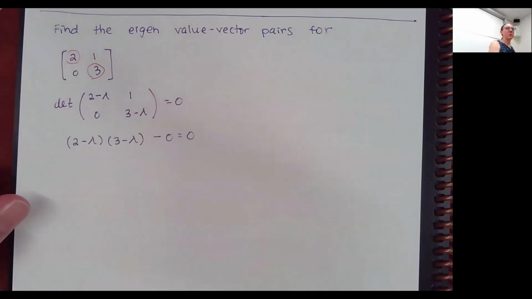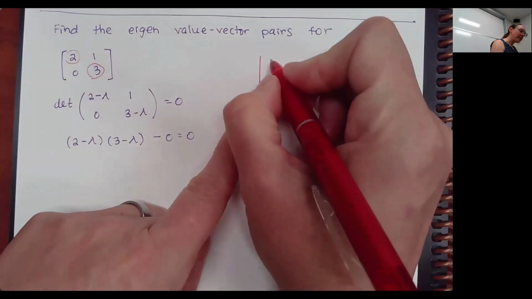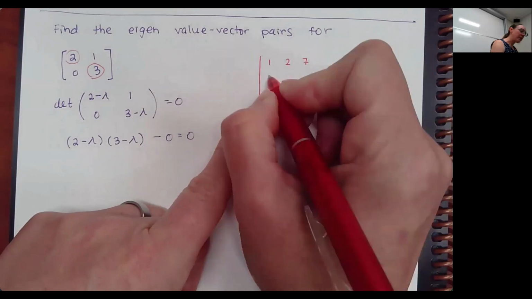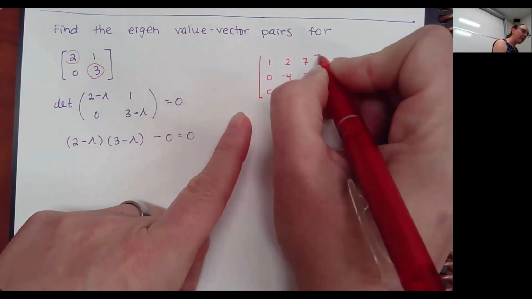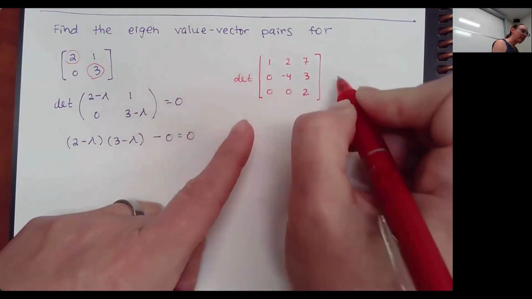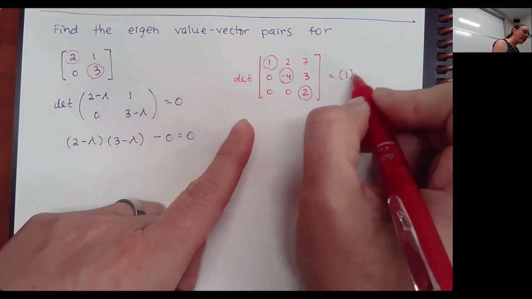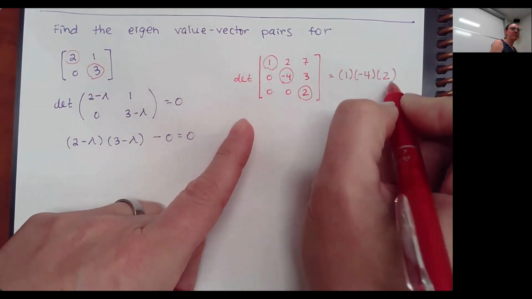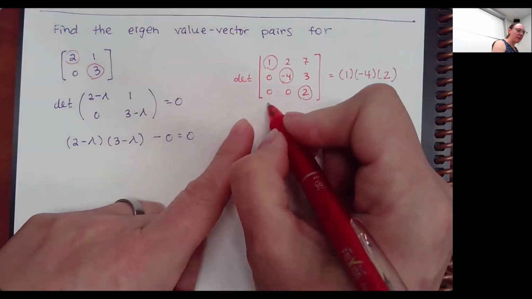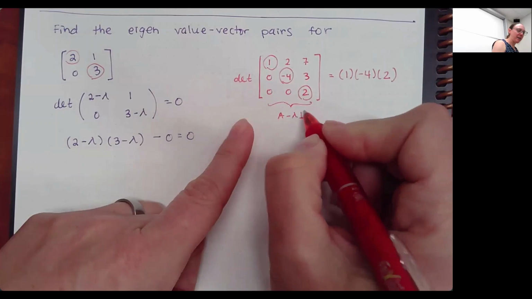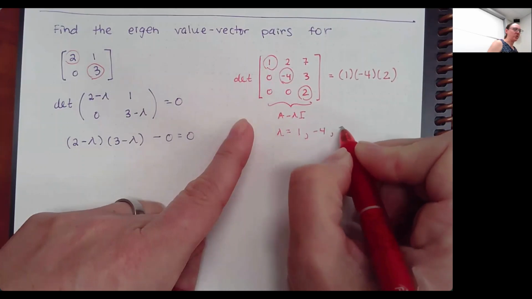So even if this matrix were a 3 by 3 matrix, if I gave us the matrix 1, 2, 7, 0, -4, 3, 0, 0, 2, the determinant of this matrix is 1 times -4 times 2, which would also mean that if this was my A minus lambda I, then I would know that my eigenvalues were 1, -4, and 2.